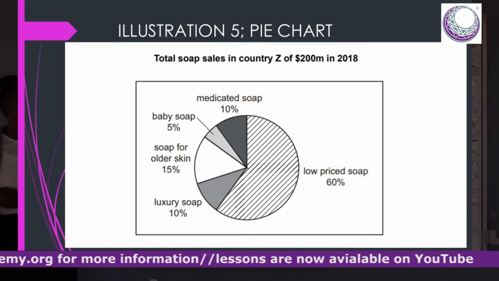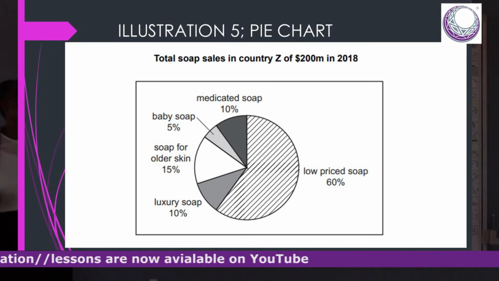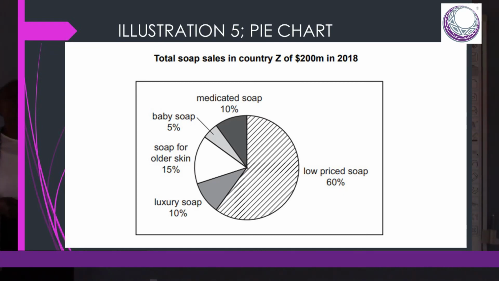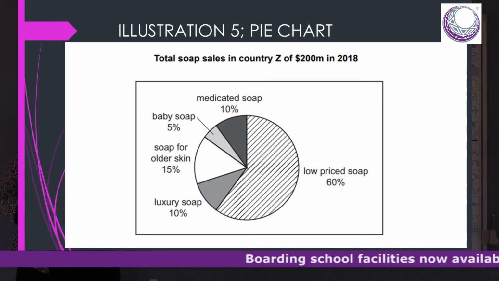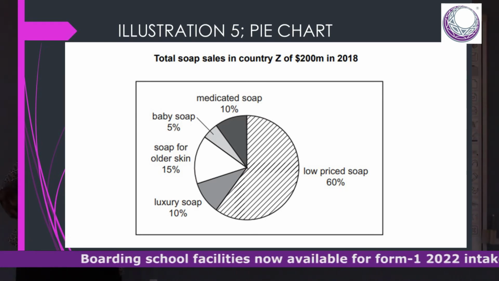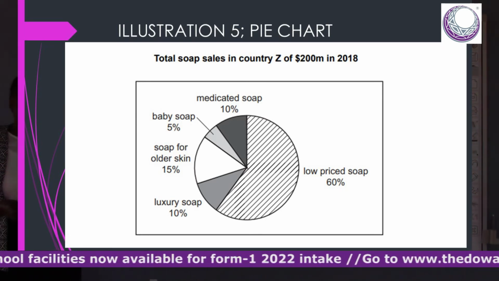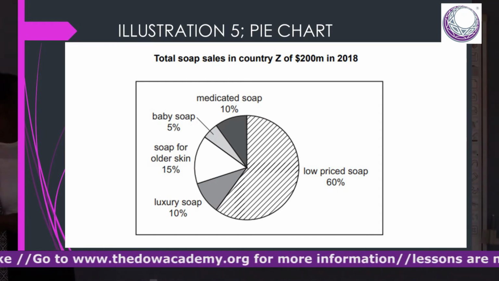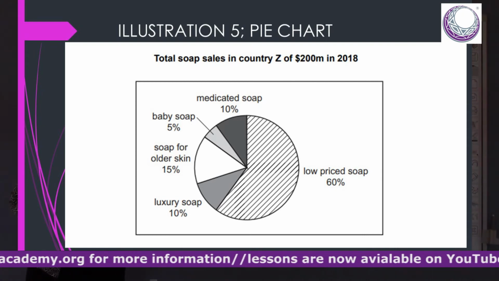Now after calculations, when you give your answer, you can write it in expanded form. Or remember to put 200, then you put an M for million. If you just put 200 without an M, even with dollars, it means it's $200. So that makes a difference. Those are some of the small things that you need to check as you look for this information.